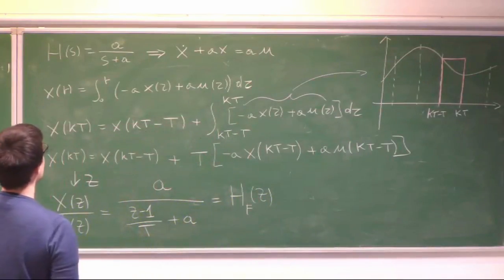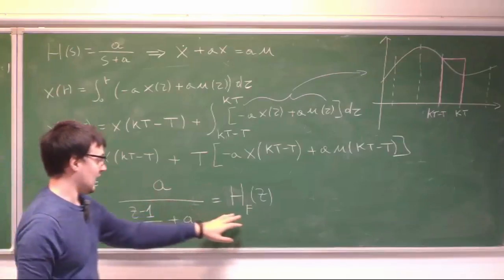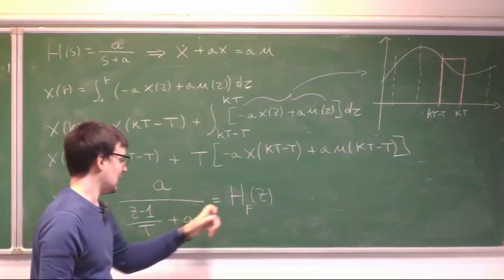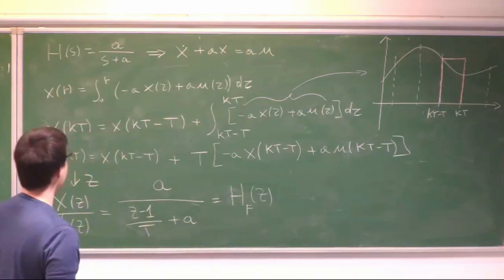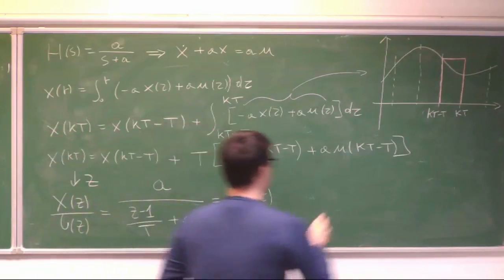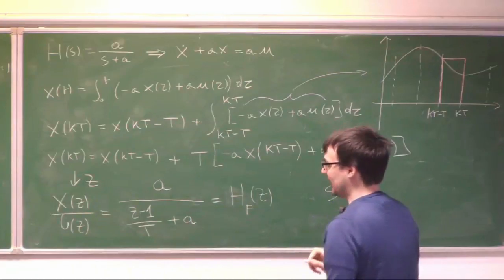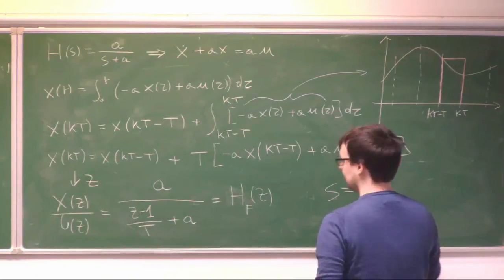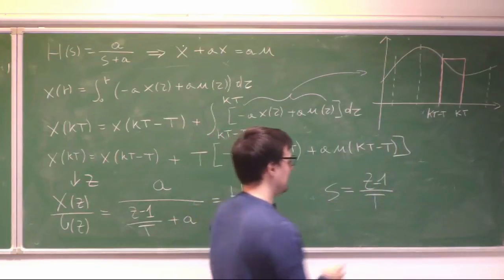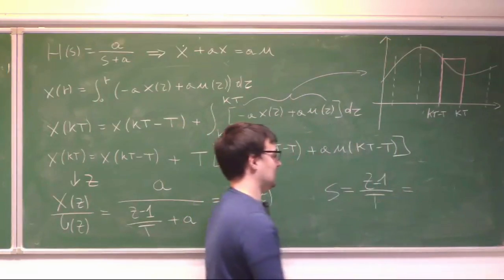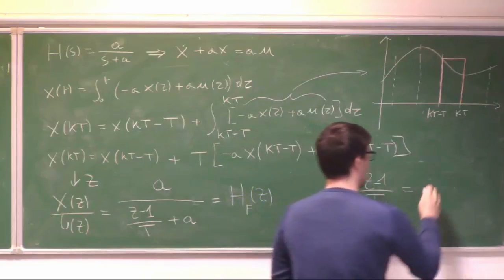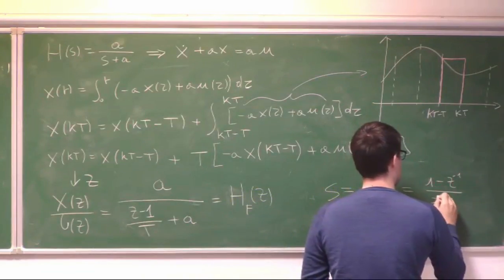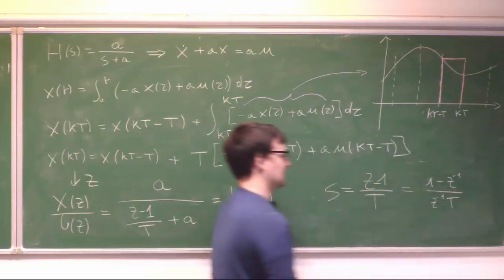So we can call this H_F of z. So if now we compare H of s with H_F of z, okay, we see that s has been replaced by z minus 1 divided by T. Okay? We can also divide and multiply by z if we wish, and we get 1 minus z to the power minus 1 divided by z to the power minus 1 times T. Okay?